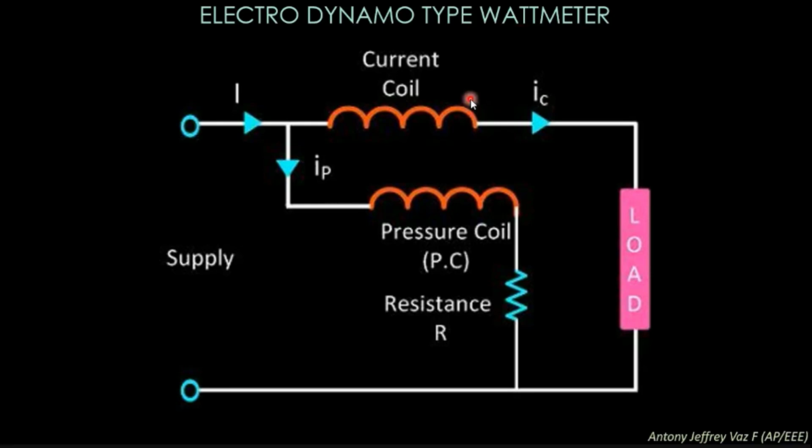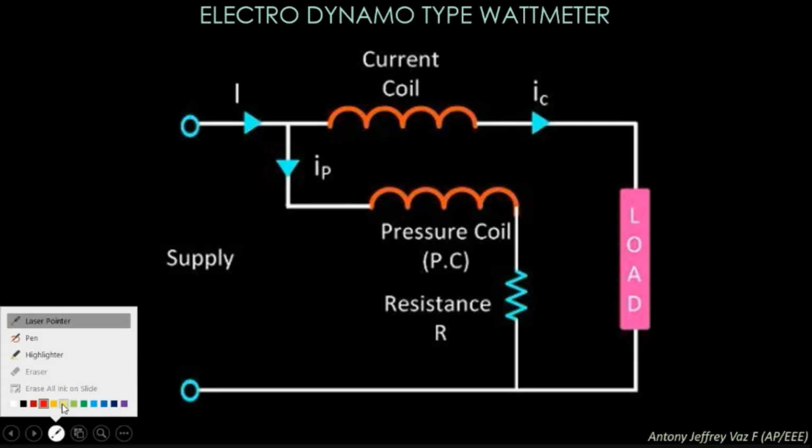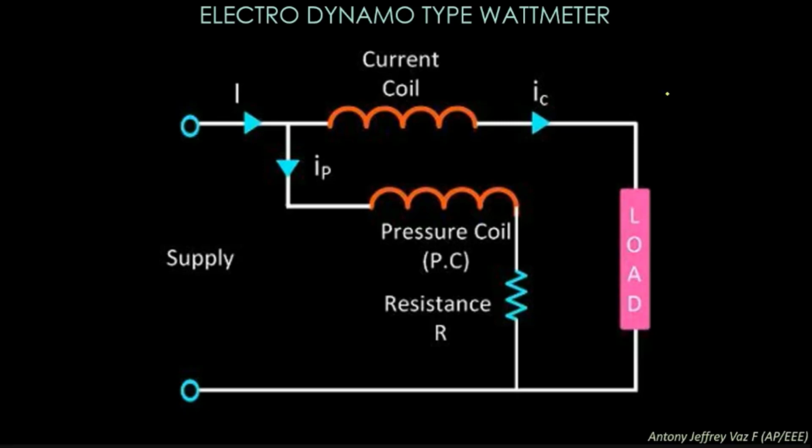This is the internal diagram or circuit of the wattmeter. In this you will have two coils: one is the current coil and the other is the pressure coil. You will know the formula for finding the power.